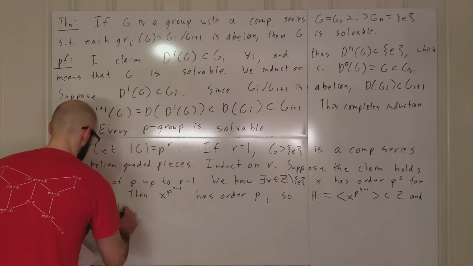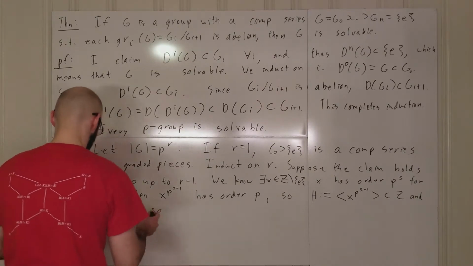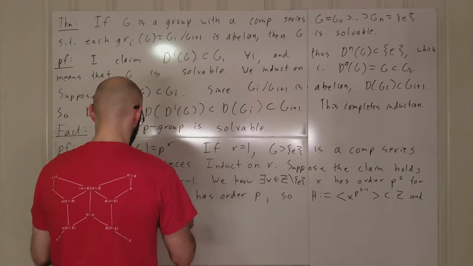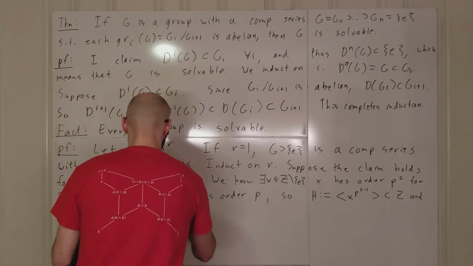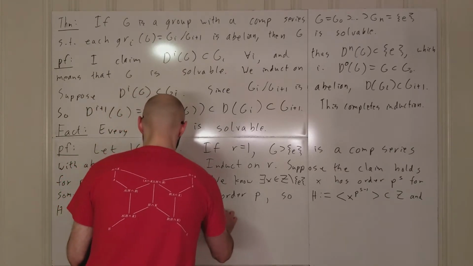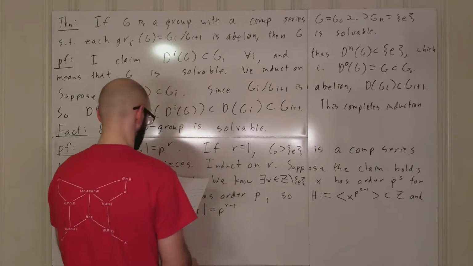H is normal in G, so G mod H is a group, and its order is p to the r minus 1.